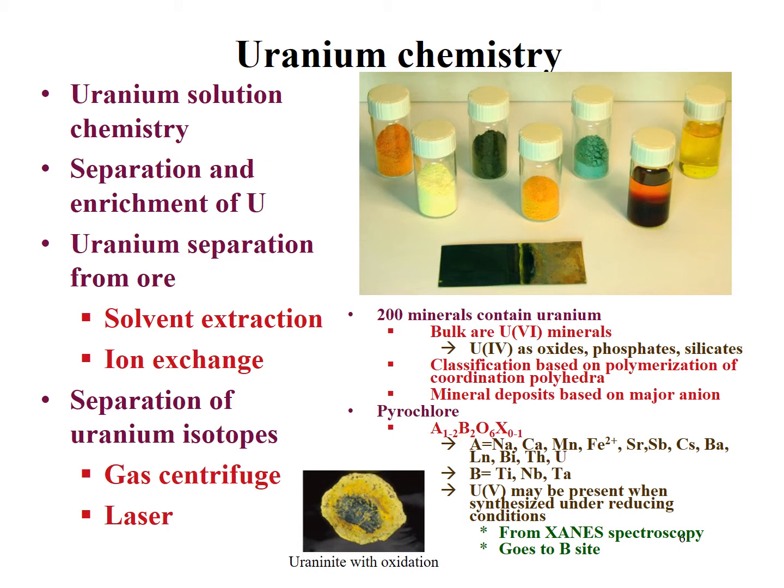What's interesting about pyrochlore is that pyrochlores containing uranium are found in the environment. They also contain lanthanides, so often lanthanide materials will contain uranium and thorium. These materials are also potential host forms for radioactive waste, since you see here that they can contain a number of metal ions, including the actinides and fission products.